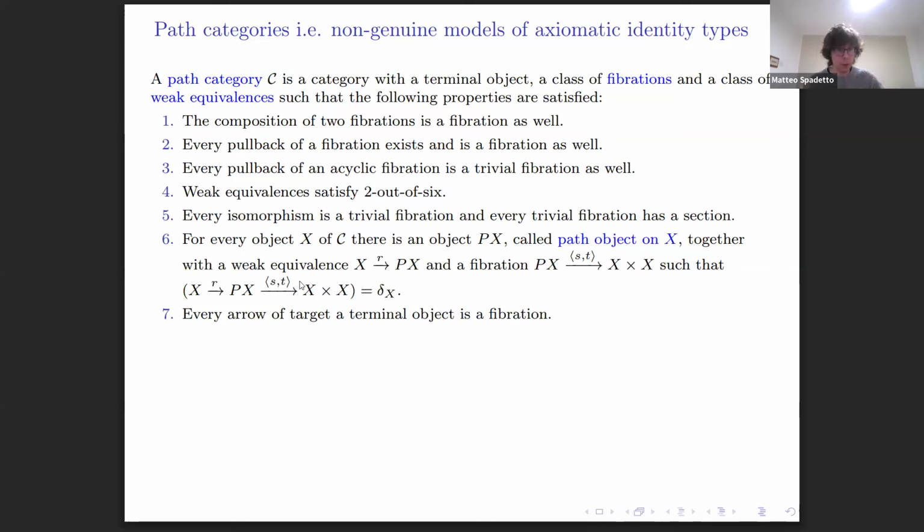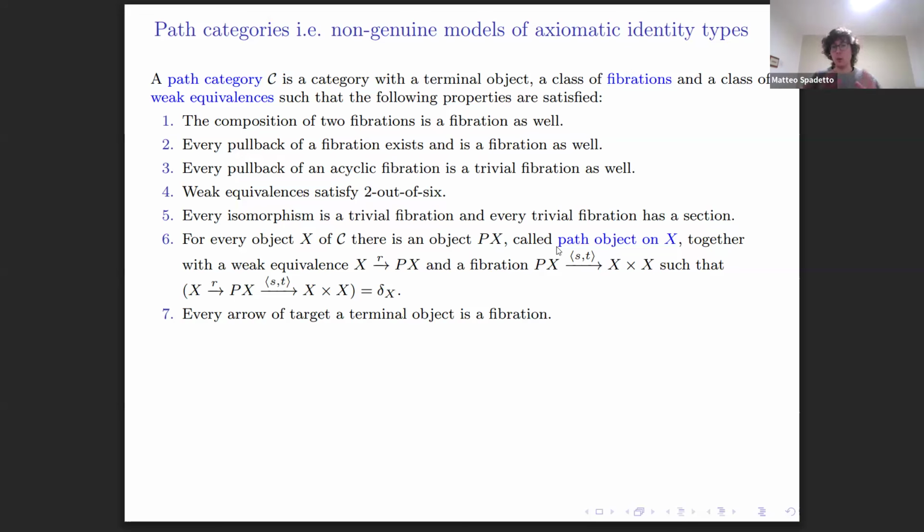This will constitute the formation part of our identity types, the validation of the formation rule. Now, as you may expect, if you like model categories, weak equivalences and fibrations form a weak version of a weak factorization system. So weak equivalences have a sort of left lifting property with respect to fibrations and vice versa.